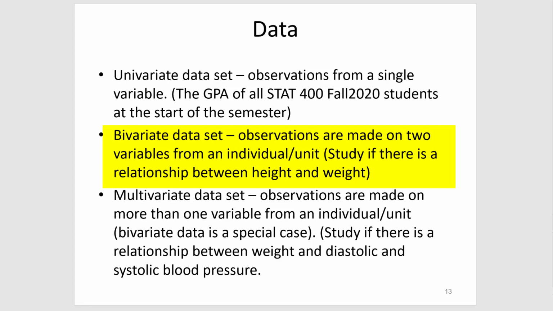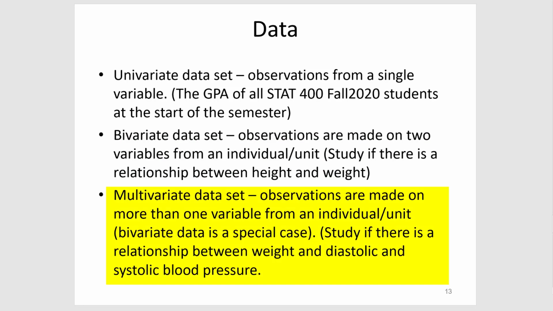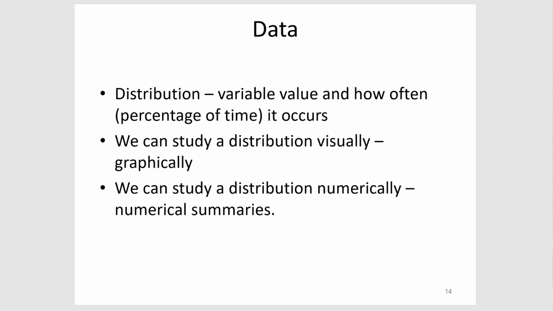We study if there's a relationship, and we could say something like a relationship between height and weight. Now, multivariate data set observations are made on more than one variable from an individual or unit. Bivariate data is a special case of multivariate. So let's say a study was if there is a relationship between weight and the diastolic and systolic blood pressure.